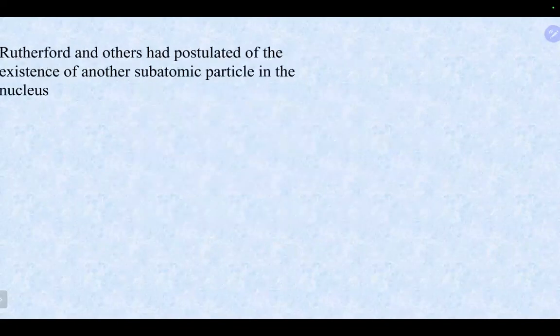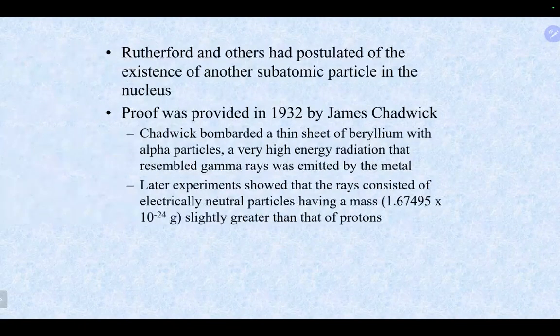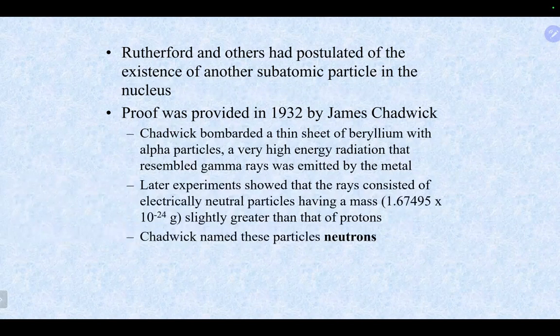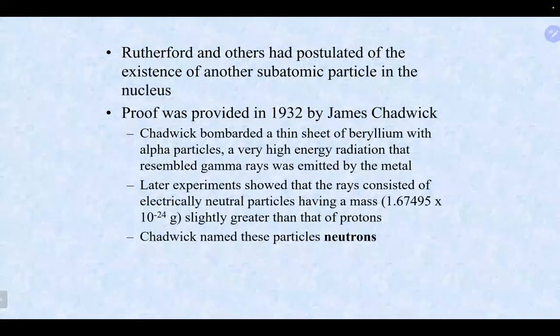So let's talk a little bit about neutrons. It really wasn't until about 1932 that some experiments done by a guy named Chadwick recognized the existence of that third subatomic particle, which is the neutron.